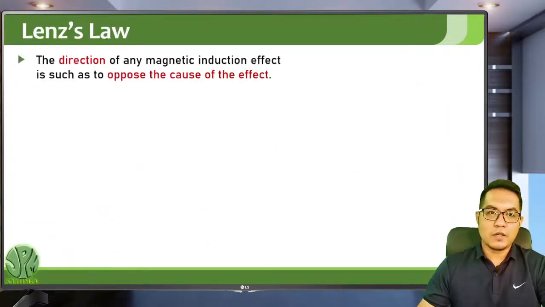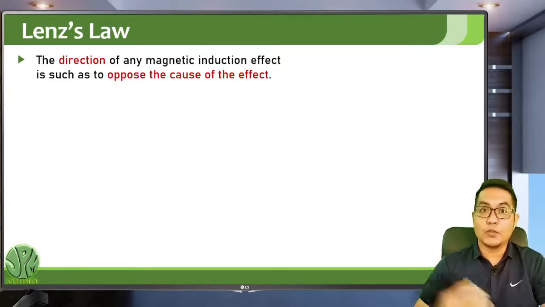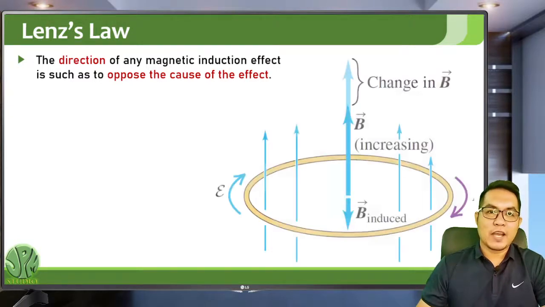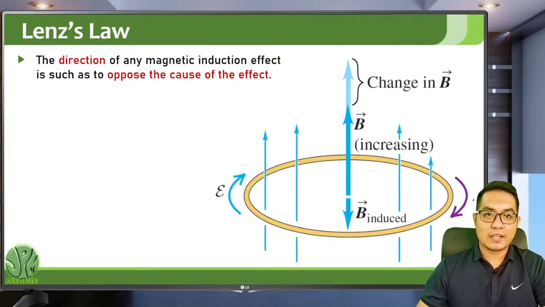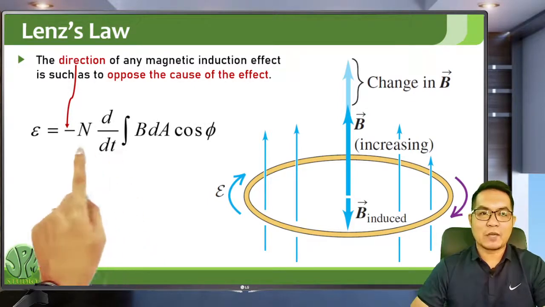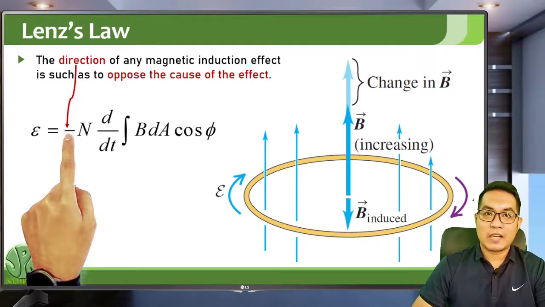If Faraday's law is for determining the magnitude of the induced EMF, then Lenz's law is for the direction. Lenz's law states that the direction of any magnetic induction effect is such as to oppose the cause of the effect, and that is actually the negative sign here in Faraday's law. The negative sign describes the direction.